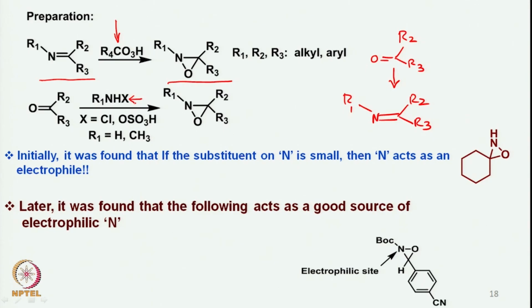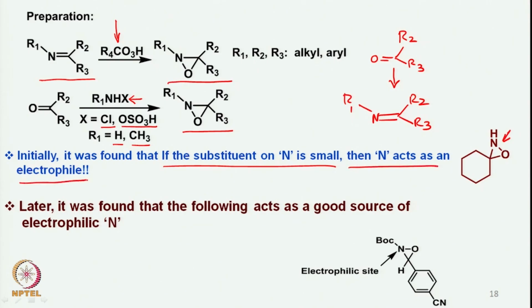So, a molecule of this kind where X is chlorine or a leaving group like OSO3H, and of course, R1 can be hydrogen, methyl, or any other group, and then it forms the corresponding oxaziridine. Initially, it was found that if the substituent on nitrogen is small, like a hydrogen or a methyl or acetyl, then nitrogen acts as an electrophile.